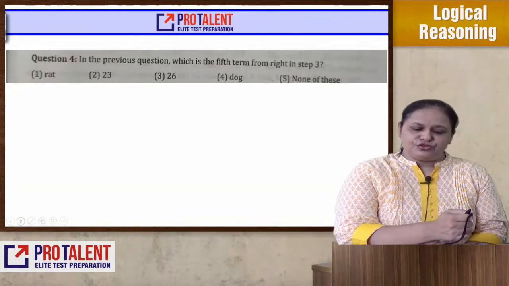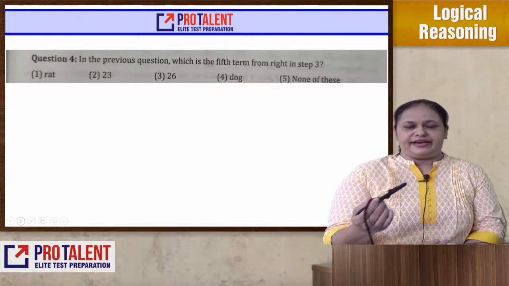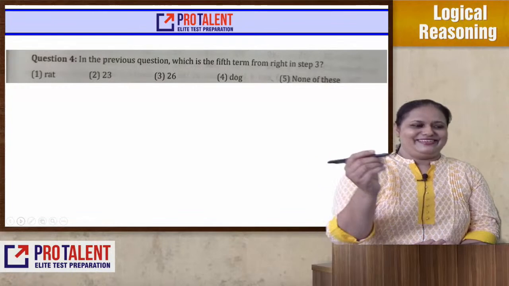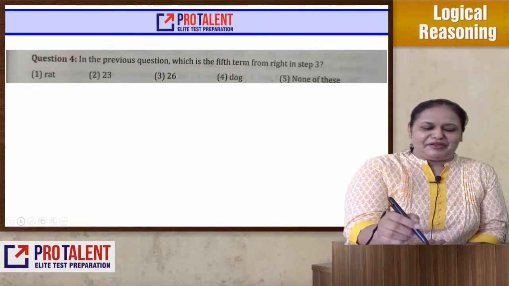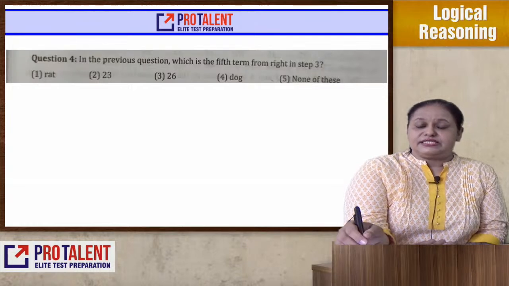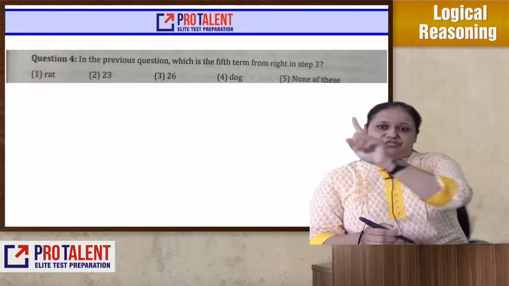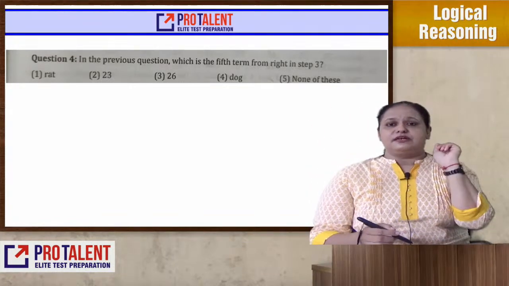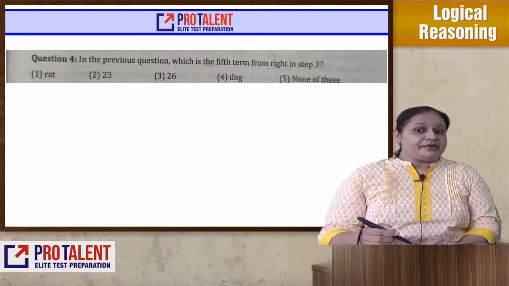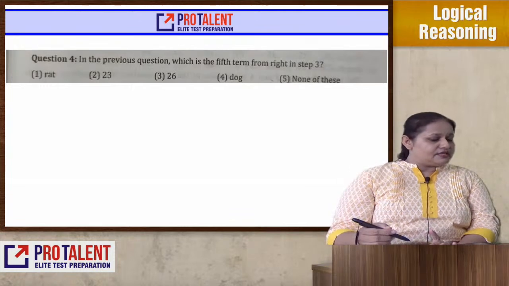In the previous question, which is the 5th term from the right in step 3? When you are writing step 3, we generally write left to right. So from the right side, the 3rd term is going to be the answer. Here, focus on the variety of questions. Very good, Tanya. Most of you have given me the correct answer in question number 3. Can you tell me the answer to question number 4?